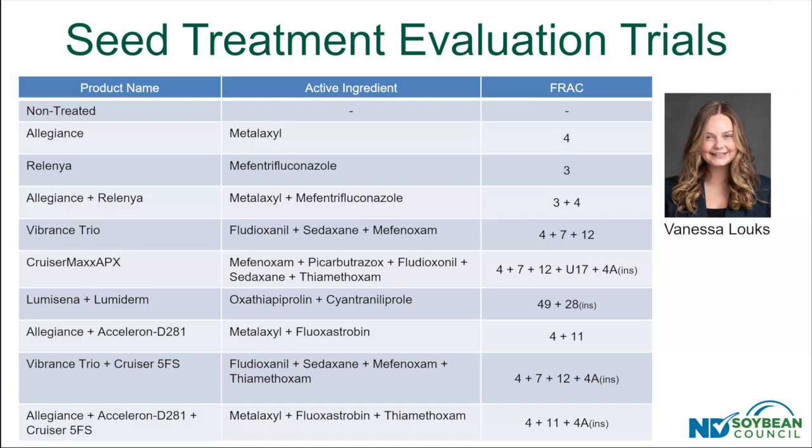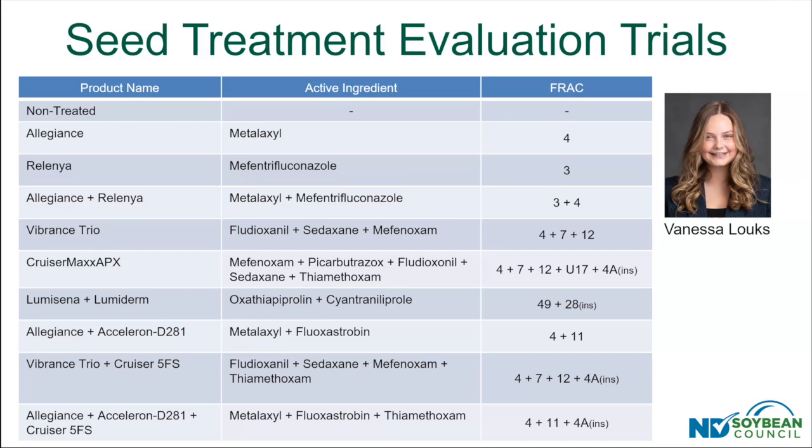We've also got Vibrance Trio, which is a common seed treatment package, Cruiser Max APX, which is relatively new with this new active ingredient called picarbutyrazox. Okay, and that one is coming out of Syngenta, in which that PCBX product does have a new activity against these water molds as well. Lumisena and Lumiderm.